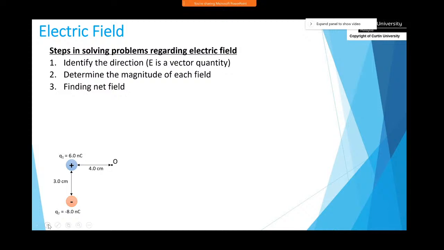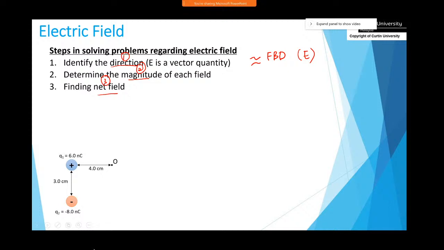Same with electric force, the steps in order to solve the electric field also come first with the direction, followed by magnitude, and then the net field. It's similar to drawing your free body diagram, but now you draw it in terms of electric field.